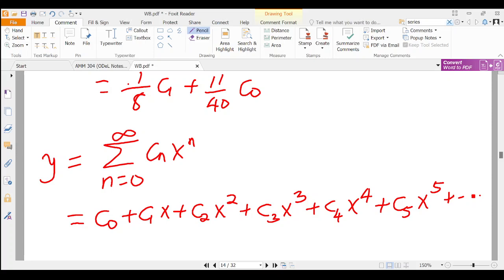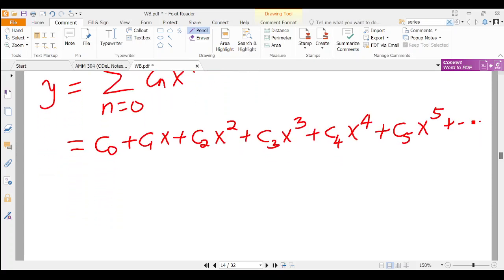So the terms are of that form. The first term is C0. The second term is C1 times x. We have not obtained any value for C0 and C1, so we shall still write C1x.